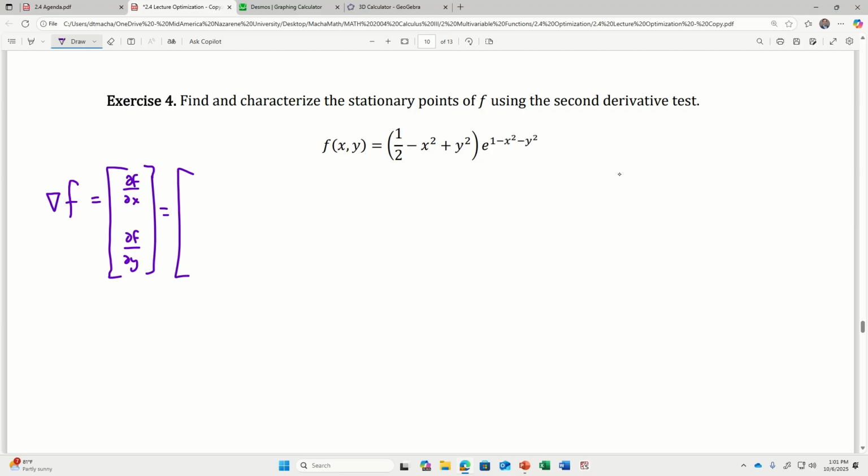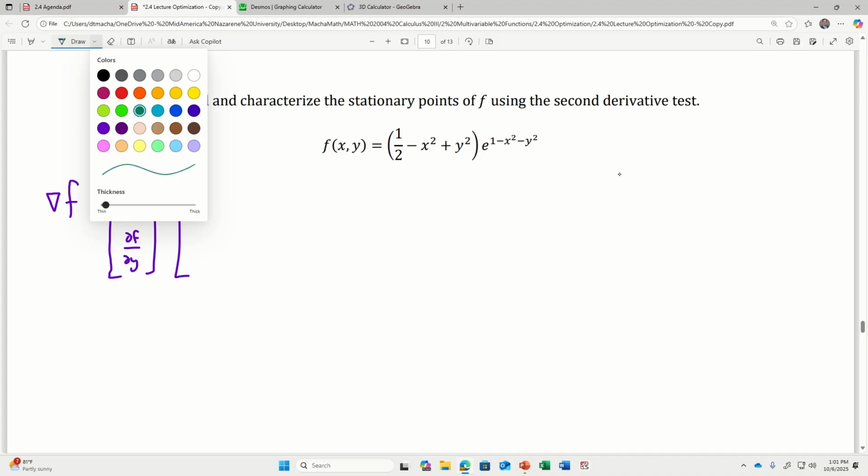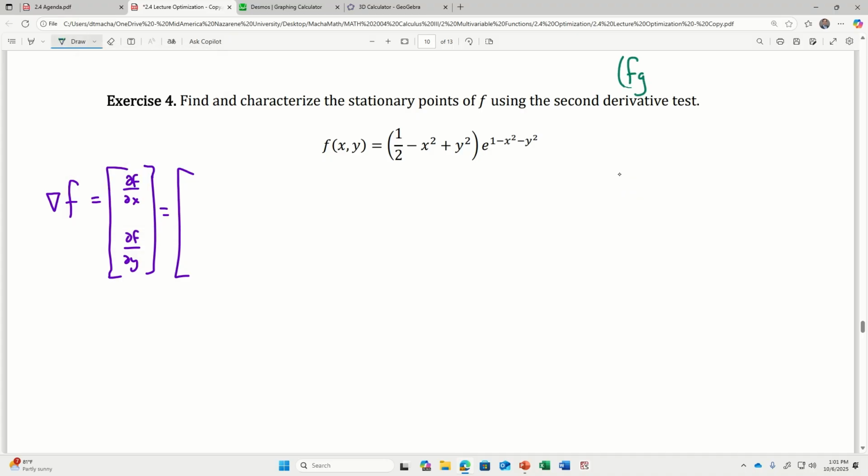The product rule says, okay, if I'm multiplying two functions, f and g, and then I take their derivative, that's going to be f prime g plus f g prime. And so this is what I'm thinking about as the f part, and this is the g part. So f prime, well, it depends on whether I'm taking a partial with respect to x or y, because one of them's negative, one of them's positive.